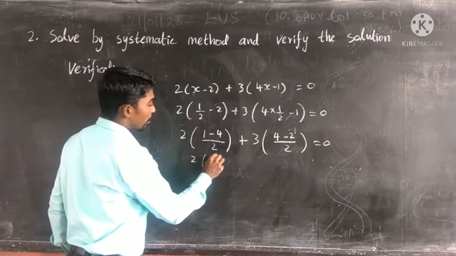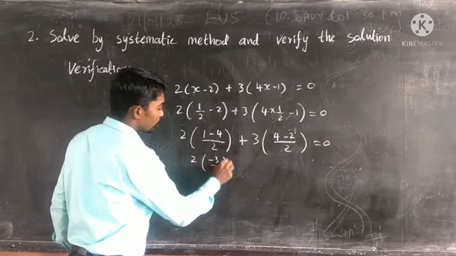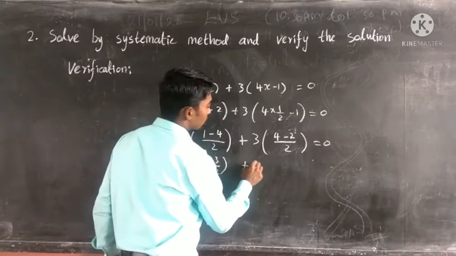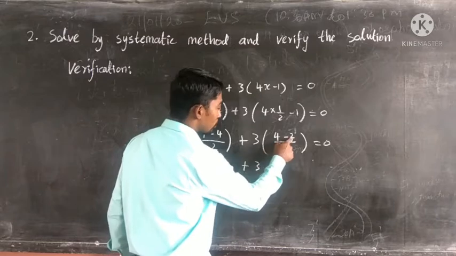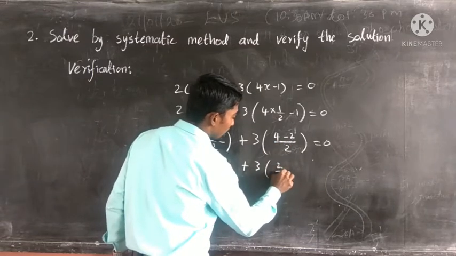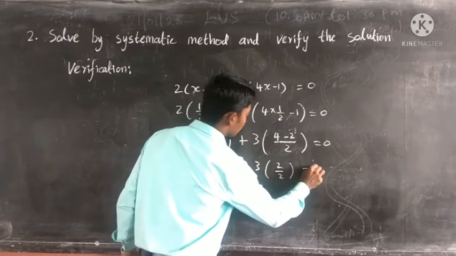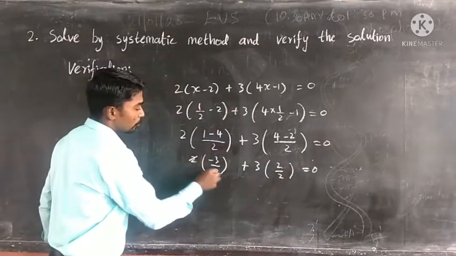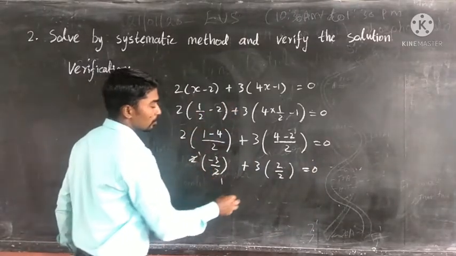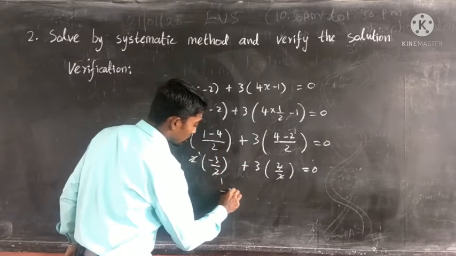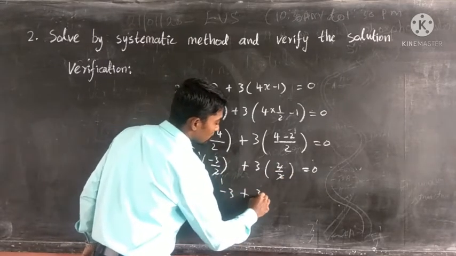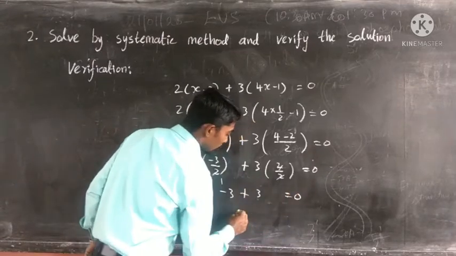2 of minus 3 by 2 plus 3 of 2 minus 4 minus 2 is 2 by 2 is equal to 0. 2 will get cancelled, and here 1 will get cancelled. So remaining value is minus 3 plus 3 is equal to 0.